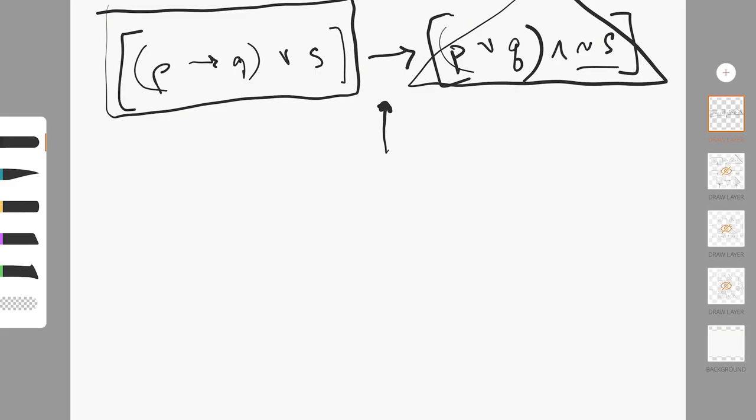If we break this down, what we see is while this is the operator of largest scope, we split into this P or Q and not S. We can treat this expression sort of like fresh, right? Because we know it's a component part of this material implication.